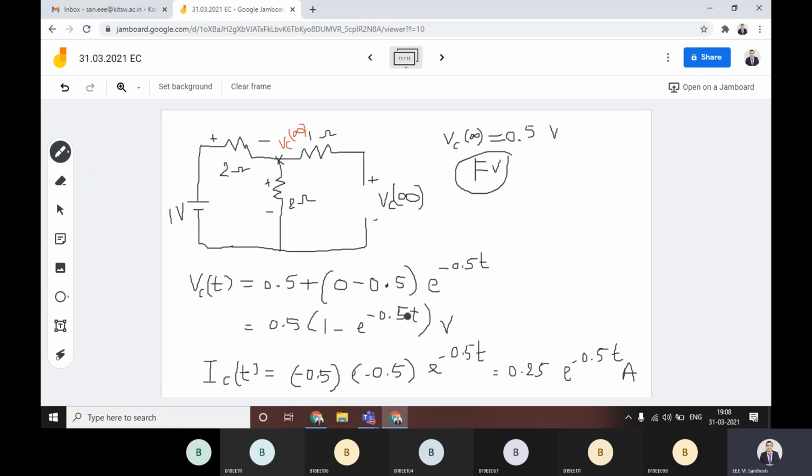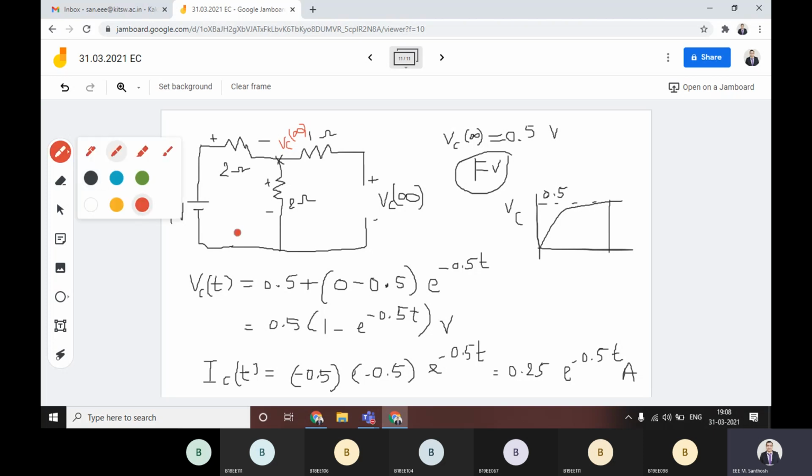Okay, if you represent this voltage, you will get the same as in the previous case also. Here it is settling. This is voltage. If you find the value at the end, the settling point value, this is 0.5 basically.